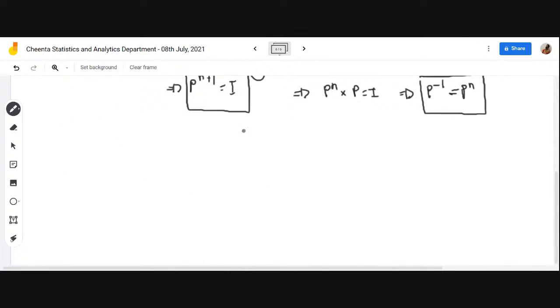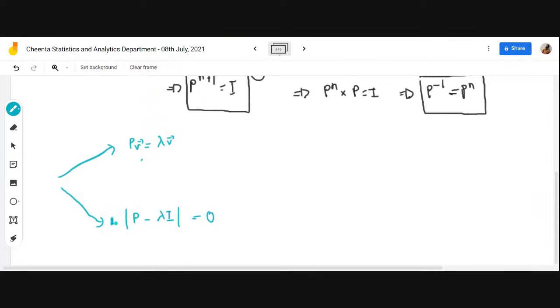Whenever you are asked to find the eigenvalues, you can do it in 2 ways. You can go by the definition of the eigenvalue, that P V is equal to lambda V for a vector V, where V is the eigenvector. Or you can use the determinant form: the determinant of P minus lambda I is equal to 0.